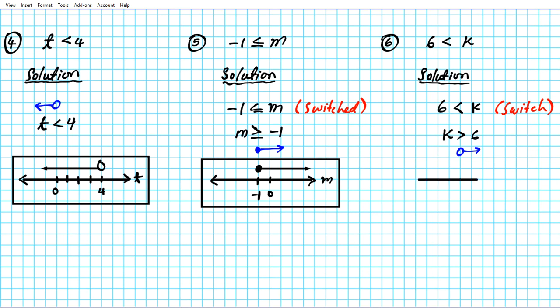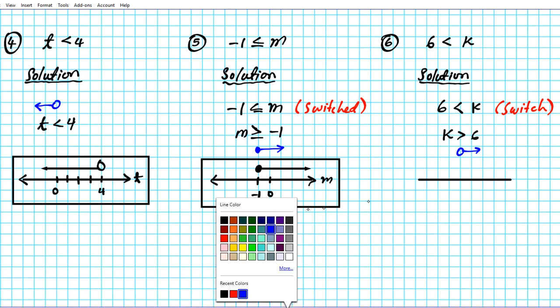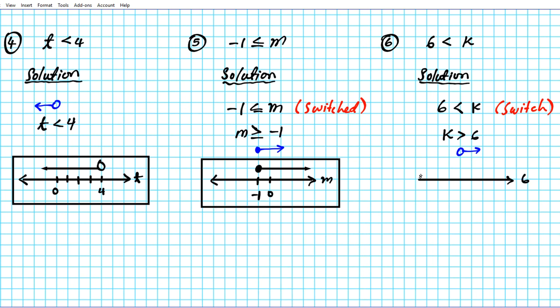Alright, so let's draw a number line. Let's say this is 0, 1, 2, 3, 4, 5, 6. The variable is not 6, the variable is k.